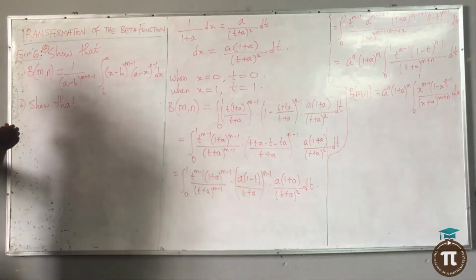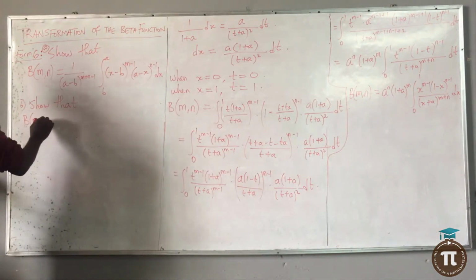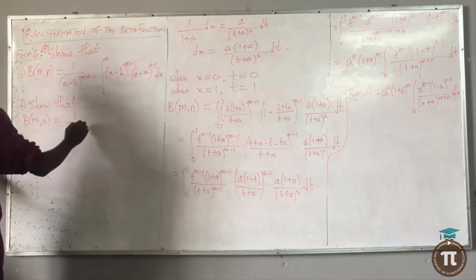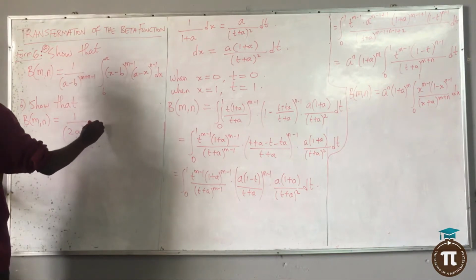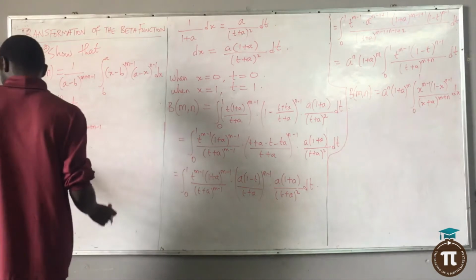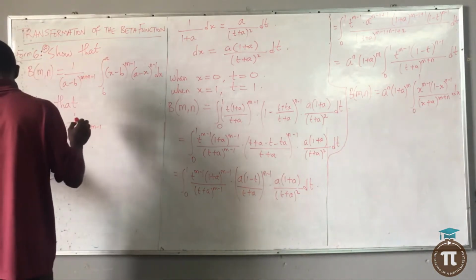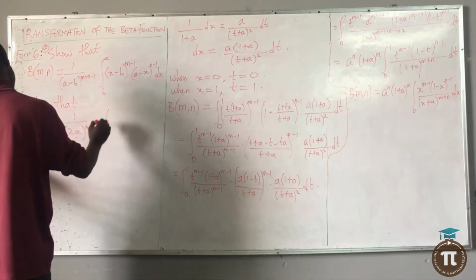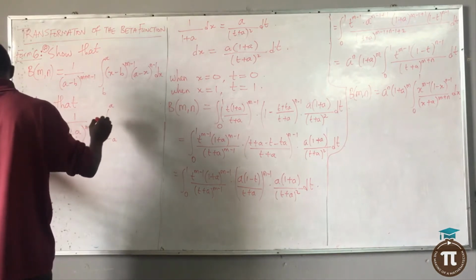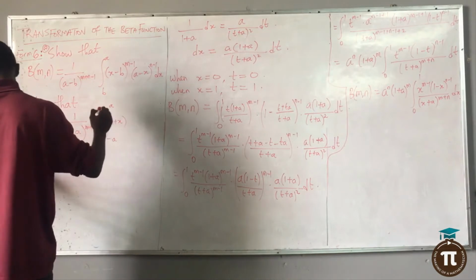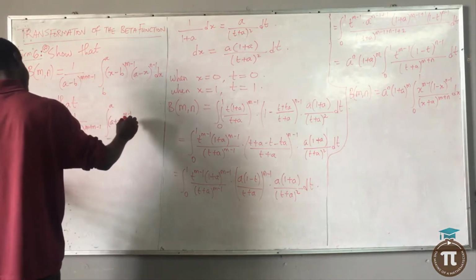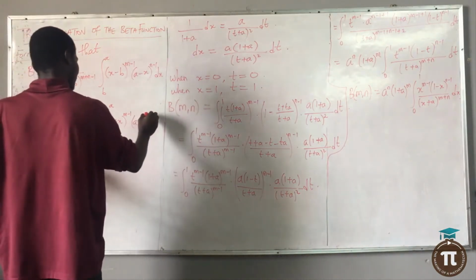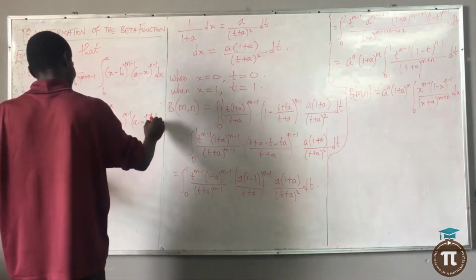Show that beta of m comma n is also equal to 1 over 2a everything raised to the power of n plus n minus 1 of integral from minus a to a of a plus s raised to the power of m minus 1, a minus s raised to the power of n minus 1 ds.